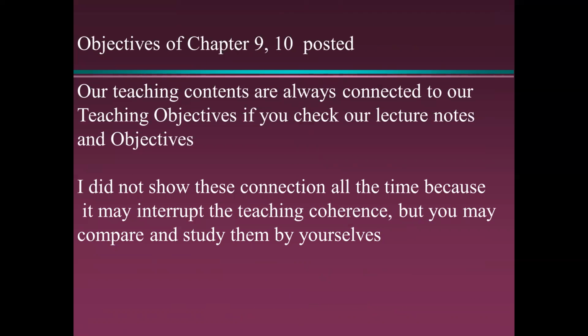Okay, I think briefly I will let you know, our teaching contents are always connected to our teaching objective. I posted it on the Canvas. Even if I don't have time to show this connection all the time, you should practice and learn by yourself this way.